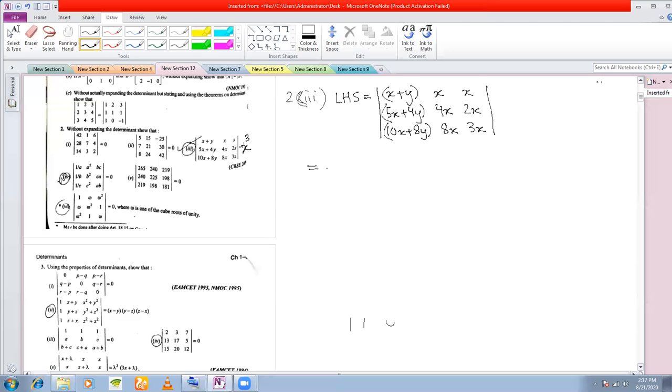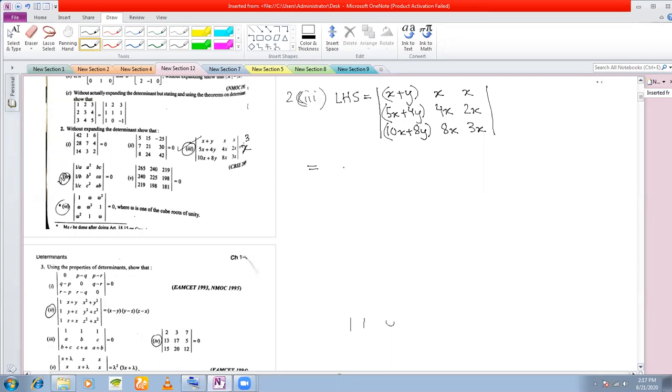What we try to do here is bring two zeros in any particular row or any particular column. Understood? If you remember, I told you that if you can bring two zeros in any particular row or column, then it becomes very easy to expand the determinant, isn't it?